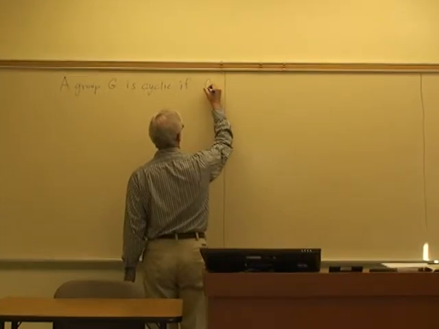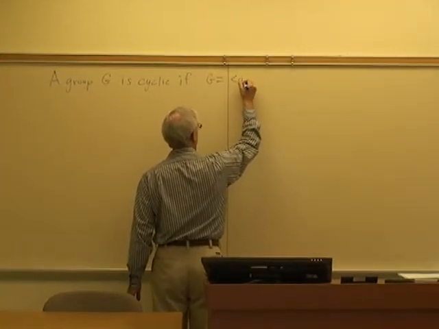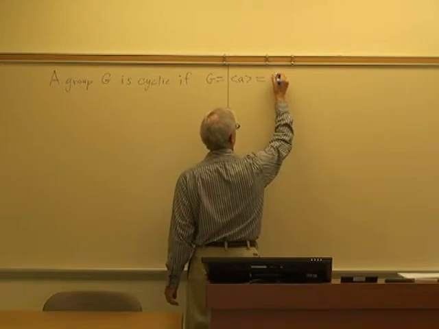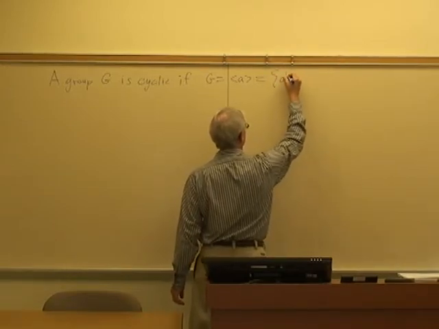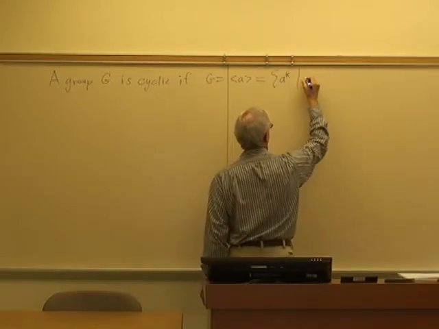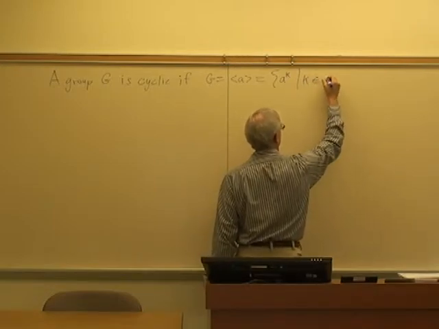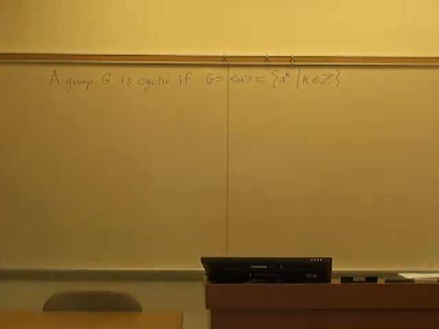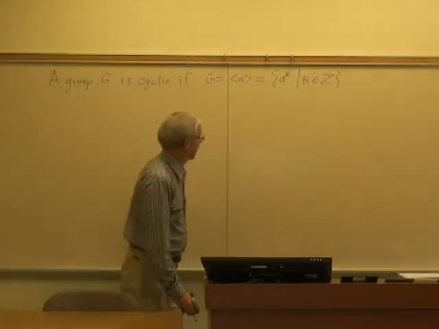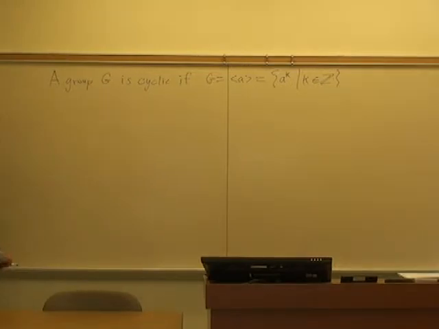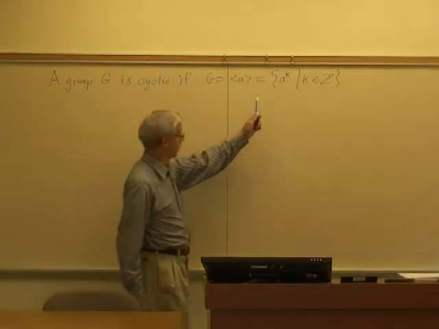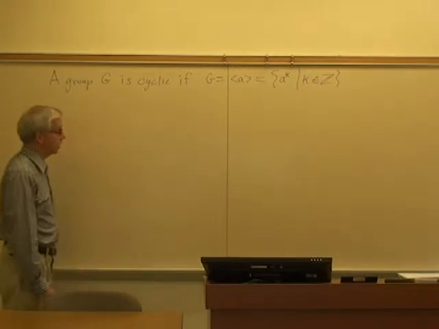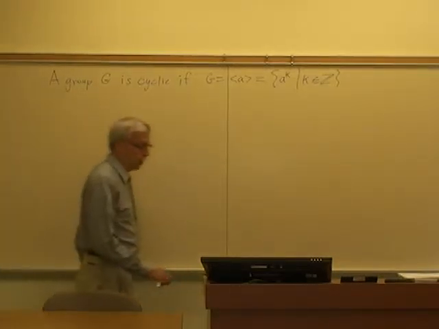That is, if G is the set of all a to the k, such that k is an integer, all integer powers of a. Now if the group is finite, this wraps around, so there's only a finite number of elements, as we'll see. And we left off with something on the board.